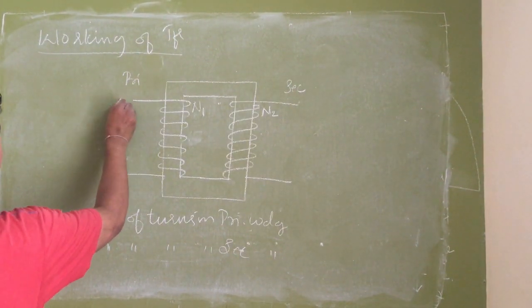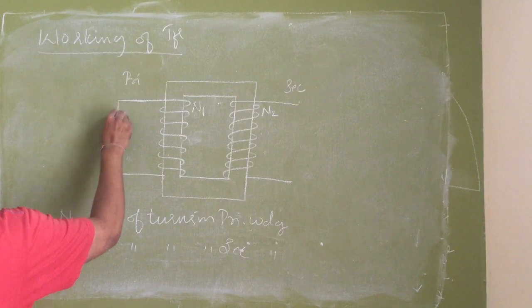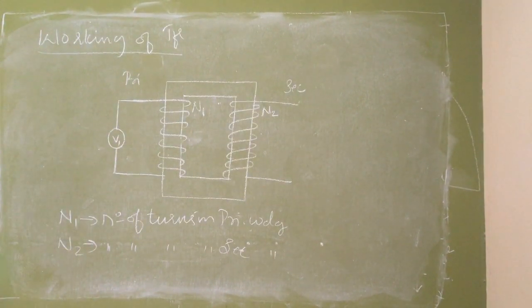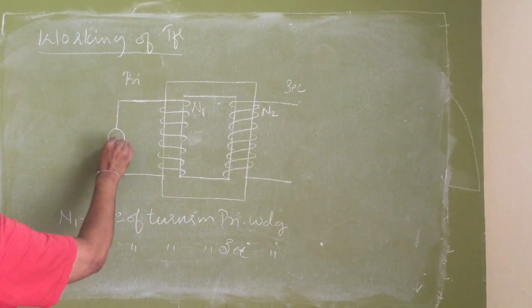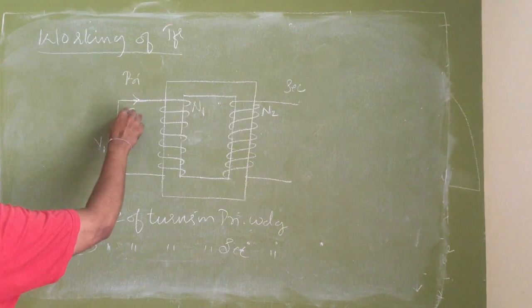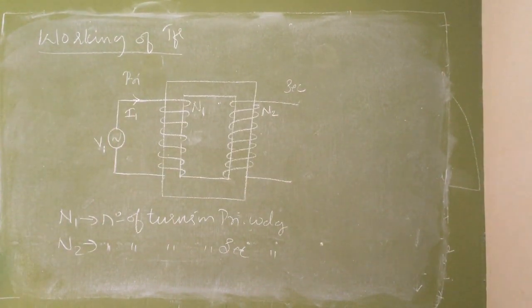Then I will be connecting the primary winding to a supply voltage of, say, V1 volts, which will make current I1 flow in the primary.